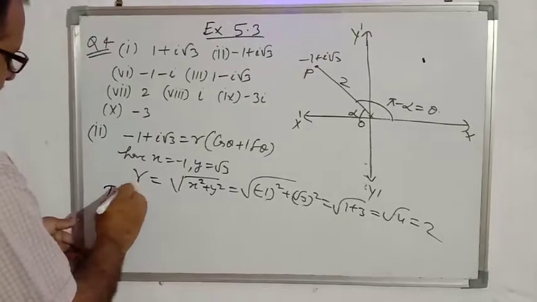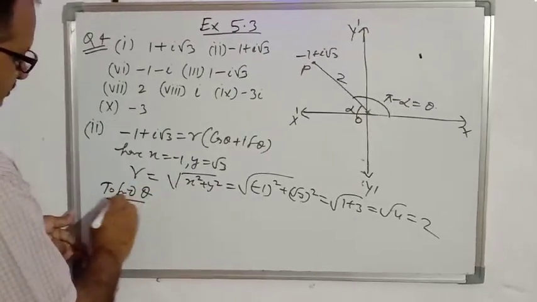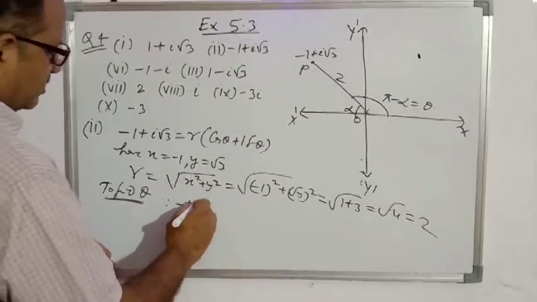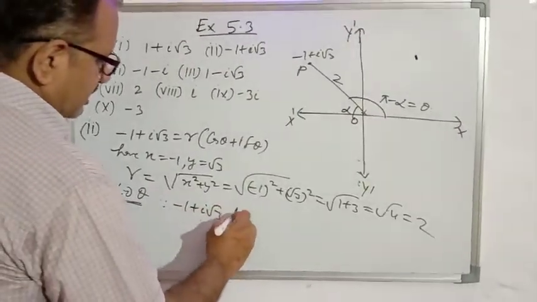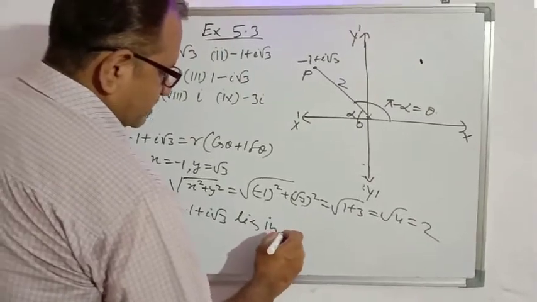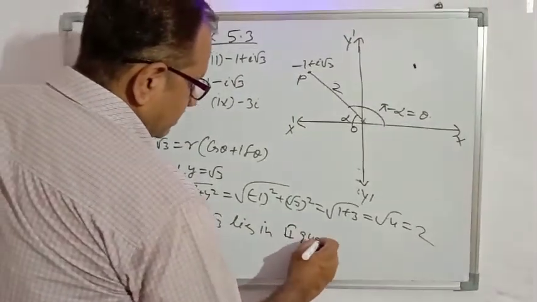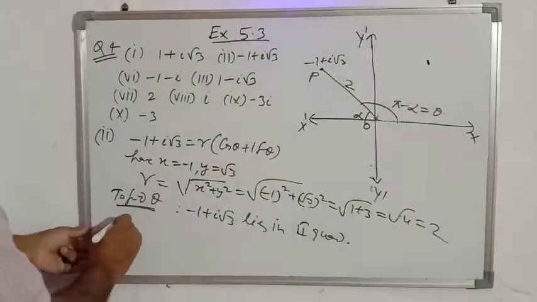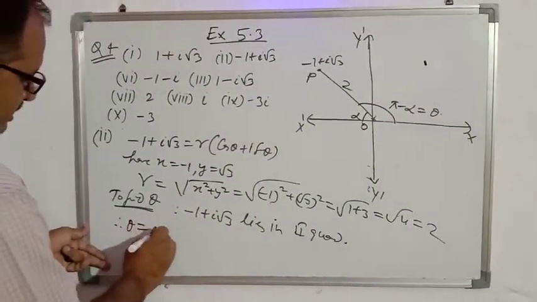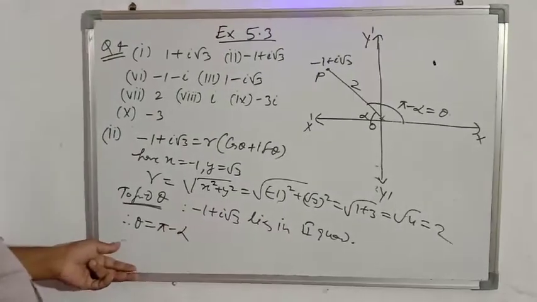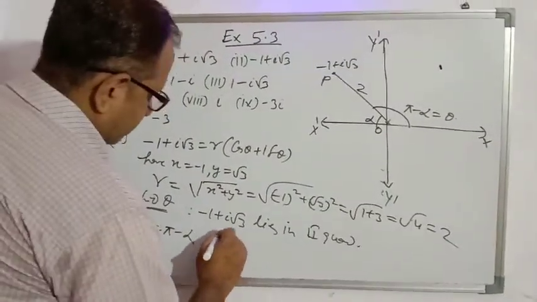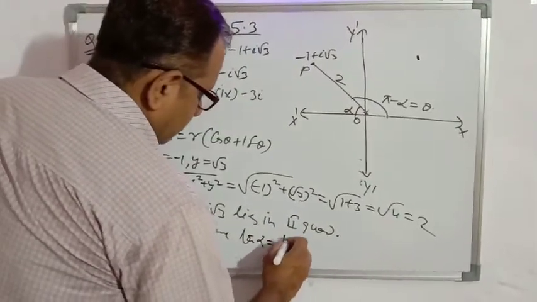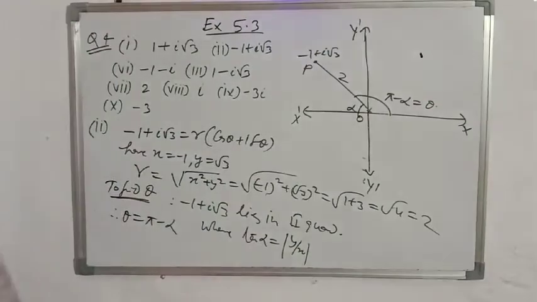So to find theta, how will we find theta? Since minus 1 plus i root 3 lies in the second quadrant, therefore theta will be pi minus alpha. And how will we find alpha? Tan alpha is equal to mod of y by x.